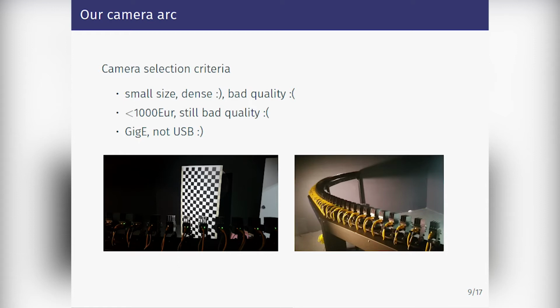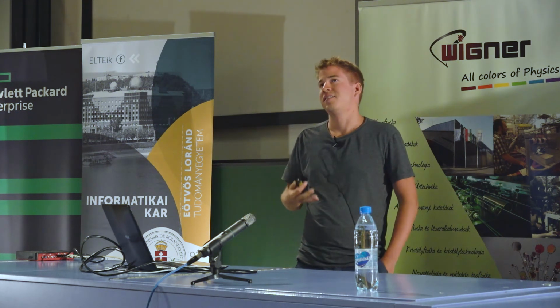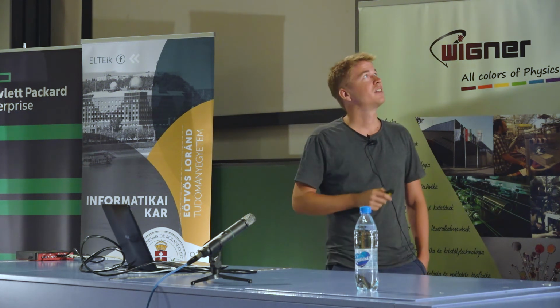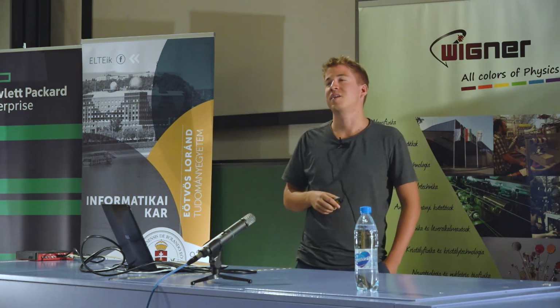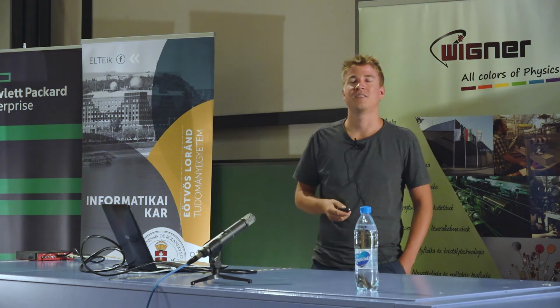Their color might be off a bit. They might have good resolution pixel-wise, but you know that megapixels are less important in cameras than their actual quality. And of course, you want to minimize costs, or at least keep them at a reasonable level. The problem is that even the cameras that cost more than 100 and less than 1,000 euros are still very bad in quality.